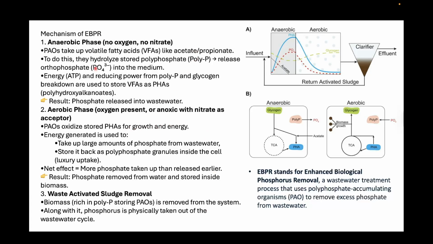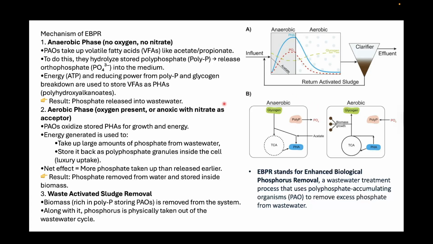So this is the mechanism of EBPR, the enhanced biological phosphorus removal wastewater treatment process that uses these PAOs to remove excess phosphate from the wastewater. First is the anaerobic phase, where there is no oxygen. These PAOs take up volatile fatty acids like acetate or propionate, here taking up acetate. To do this, they hydrolyze the stored polyphosphate and release the orthophosphate into the medium.